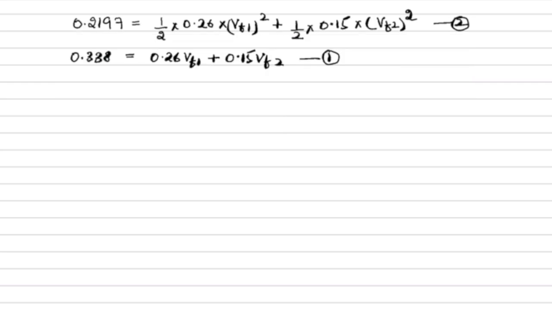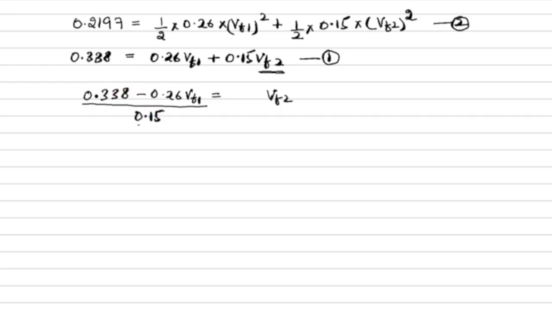So now first I will take this VF2 and get that in terms of VF1. So that's the first thing to do. I'll be putting it that side. So I will put 0.338 minus 0.26 into VF1. That will be equal to 0.15 VF2. Let me take 0.15 to the other side, VF2. So it will divide like that by 0.15, and I am going to solve this.